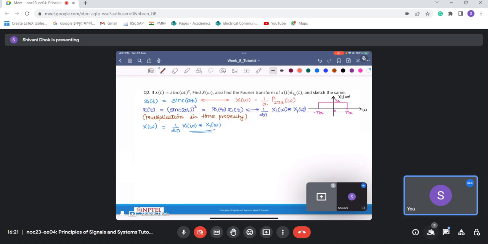So what we are doing is we are considering x1 of omega convolved with x1 of omega. For that, we have this x1 of omega as it is, from minus pi a to pi a.